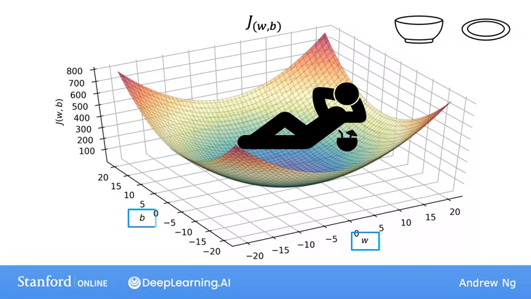This is a lot like the U-shaped curve you saw in the last video, except instead of having one parameter, w, as input into J, you now have two parameters, w and b, as inputs into this soup bowl or hammock-shaped function J. And I just want to point out that any single point on this surface represents a particular choice of w and b. For example, if w was minus 10 and b was minus 15, then the height of the surface above this point is the value of J when w is minus 10 and b is minus 15.